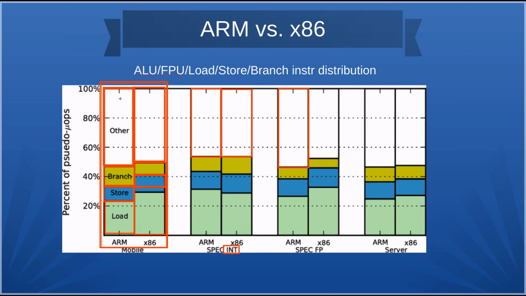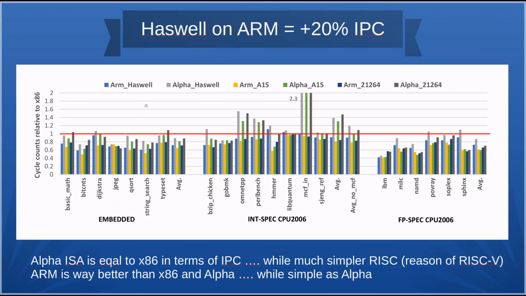But this shows that ARM should actually provide higher IPC than x86, just because of the instruction set. And I found a really good study which compares the Alpha architecture, the Digital Alpha architecture, ARM and x86.